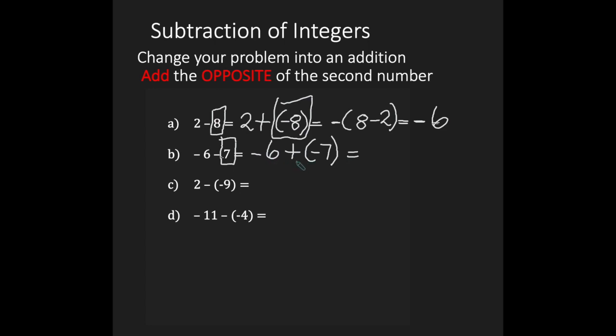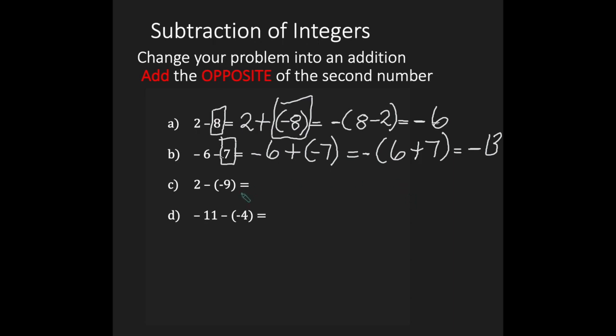Now I'm going to add the negative 7 plus the negative 6. Remember the rule? When the signs are the same, you're going to add. So I'm going to add 6 and 7, and I'm going to keep the sign. So my answer is negative 13.